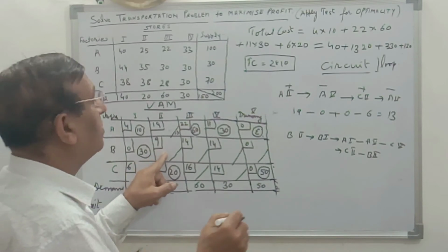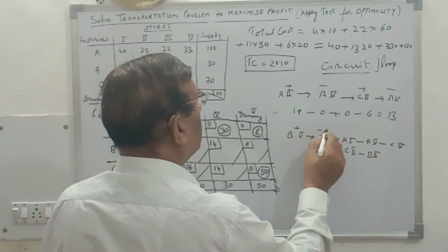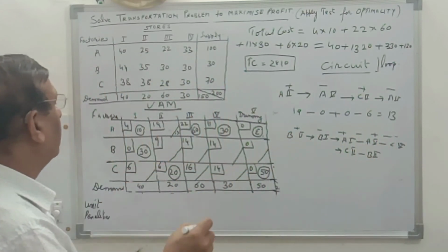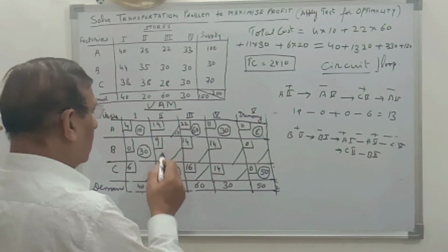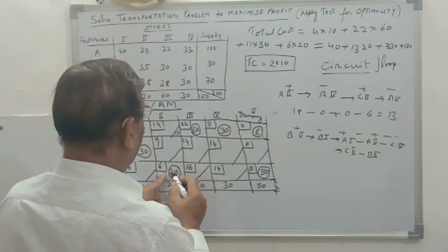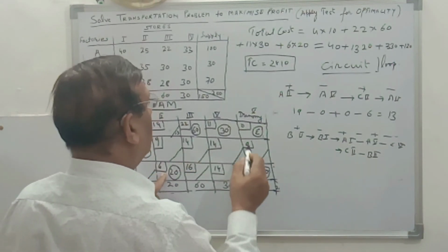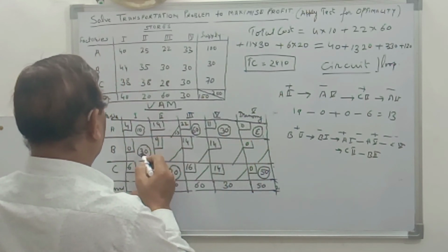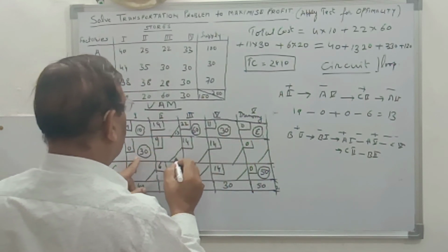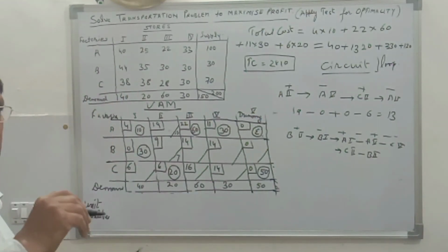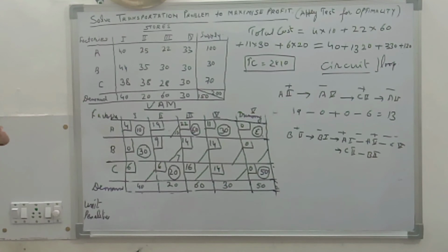So it is plus minus, plus minus, plus minus, plus minus like this, alternatively. So 9, you can come like this, 9 minus 6, 3, plus 0, minus 0, plus 4, minus 0, it is 3 plus 4, 7. So opportunity cost is 7.